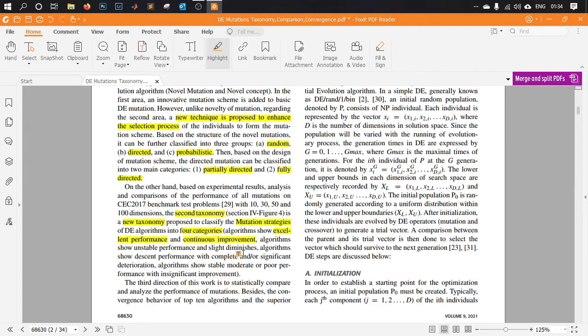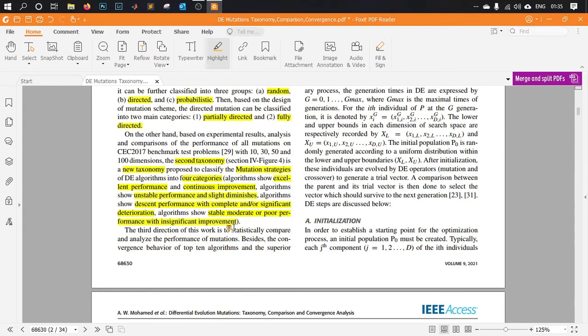So they are talking about four categories where one category shows excellent performance. The second category shows unstable performance and slightly less than the best one, and the third category shows decent performance with complete or significant deterioration, and the last category shows a stable, moderate, or poor performance with insignificant improvement.